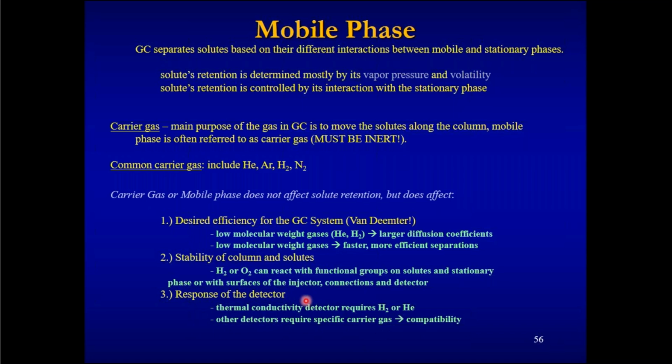We will see this when we discuss detectors, which is the most suitable carrier gas. So these are the effects that are produced which indirectly affect your separation. So though we say carrier gas does not affect solute retention directly, indirectly it could have an effect.